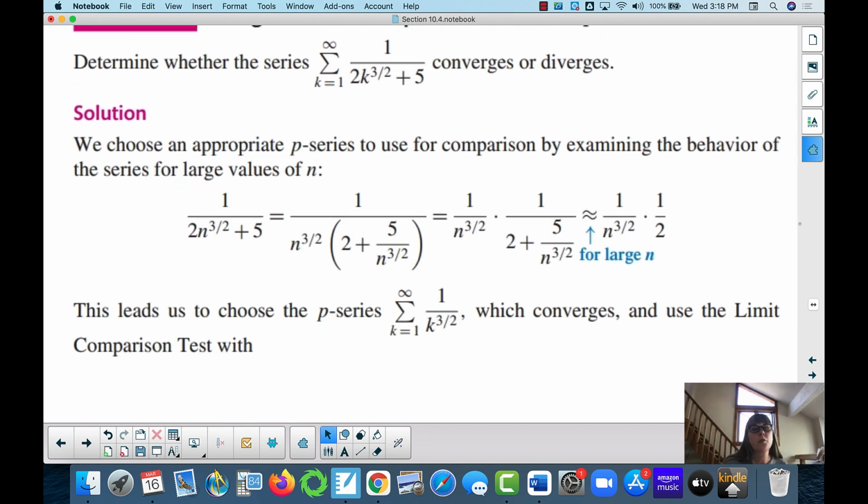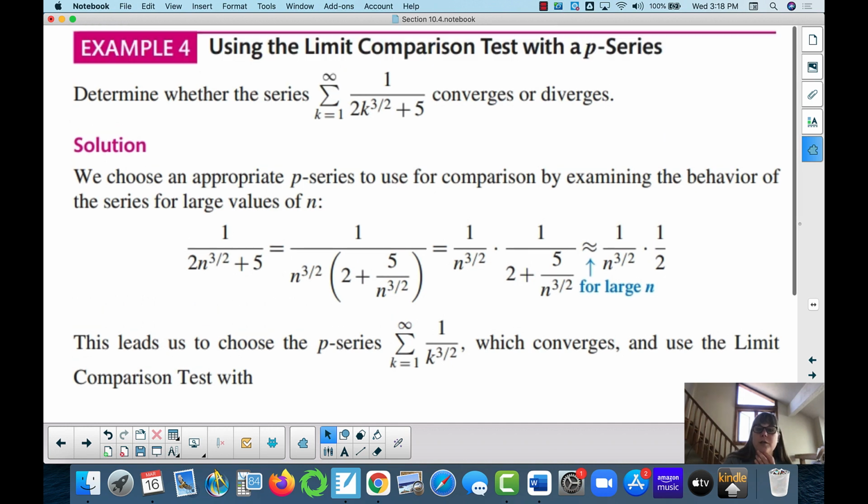So this is another one where we can use the limit comparison test and we can use a p-series in this case to be our comparison. What we want to do is figure out what happens to this function as n gets really big. So we can change this function by factoring out of the bottom that n to the 3/2 power, and we get this piece.